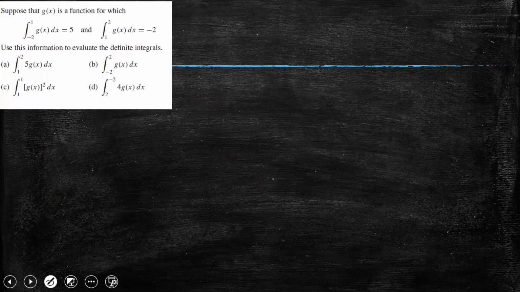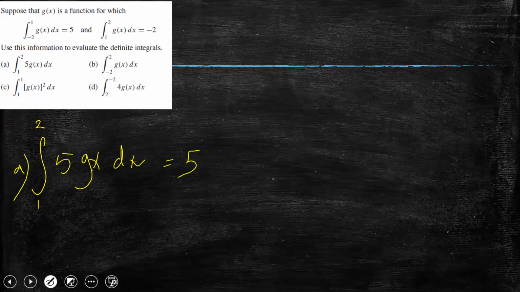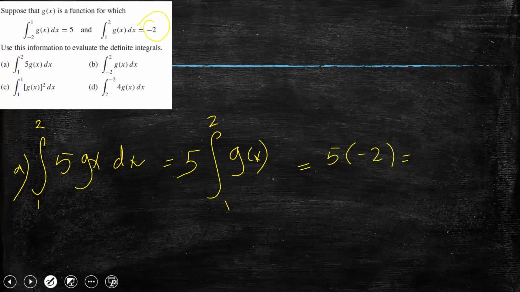The first one, the integration from 1 to 2 of 5 g of x dx. Here we have to put 5 outside, and then the integration of g of x from 1 to 2, which is -2. So 5 times -2, which is -10.